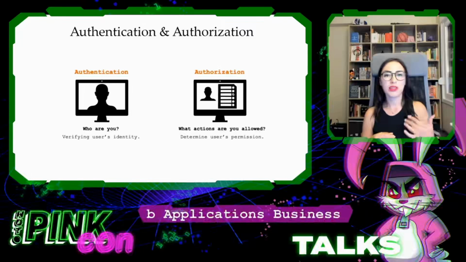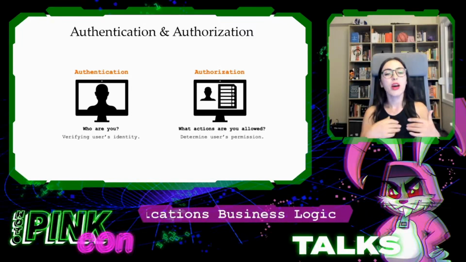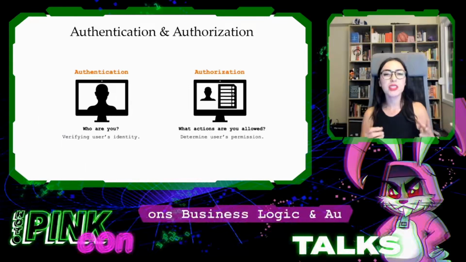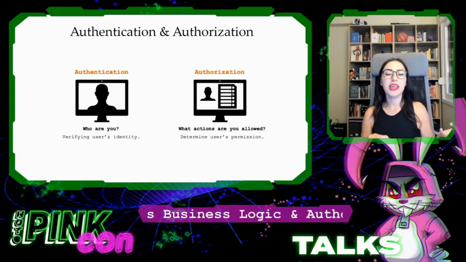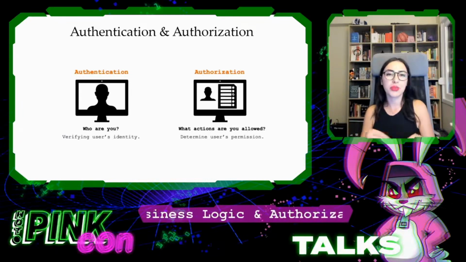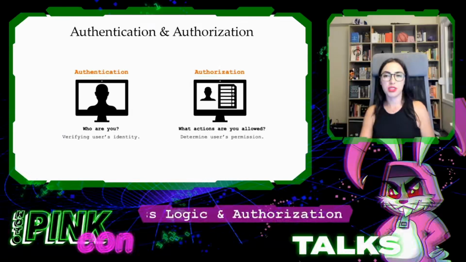We're asking the user to introduce themselves to the system, for example. This is authentication. On the other hand, authorization consists of business rules, actually. In authorization, we're asking what actions the user is allowed to perform. We're determining the user's permissions.